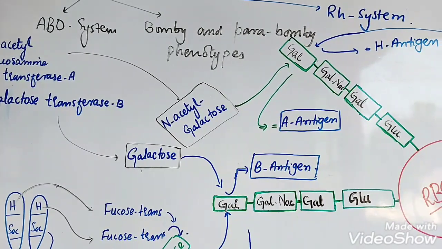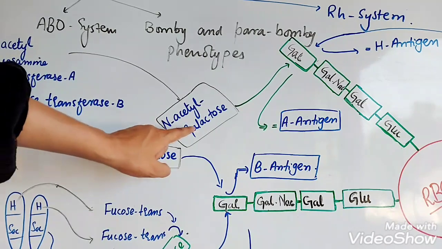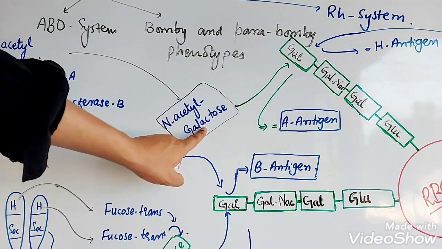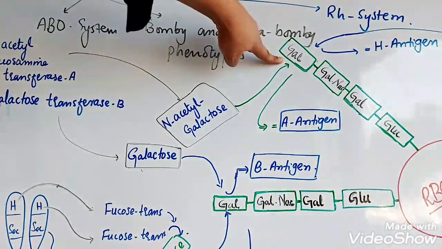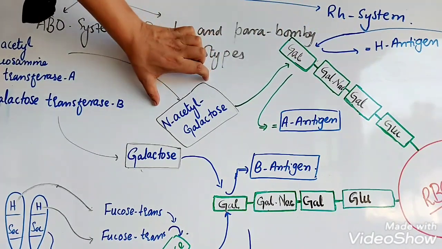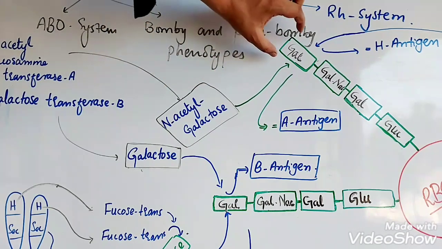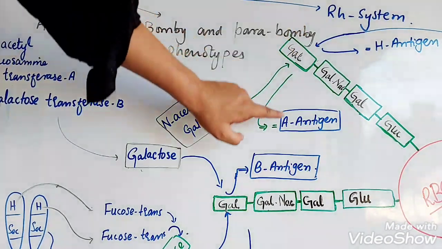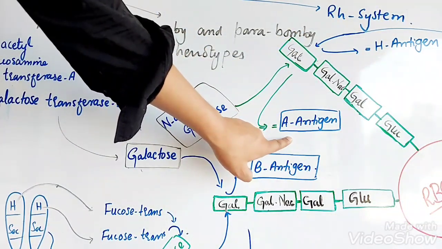N-acetyl glucosamine transferase A will transfer N-acetyl galactose into this, the H antigen. After having this, the H antigen will convert into antigen A.